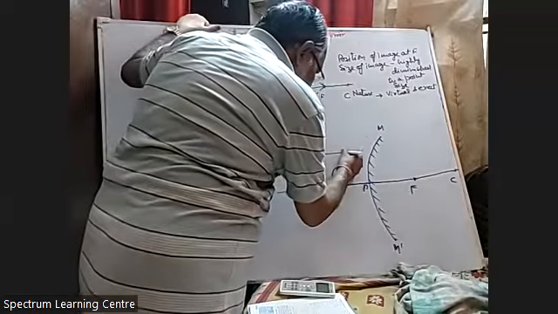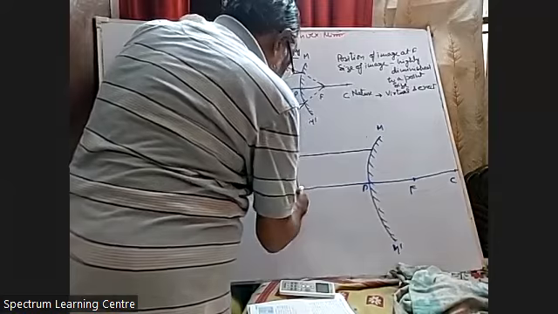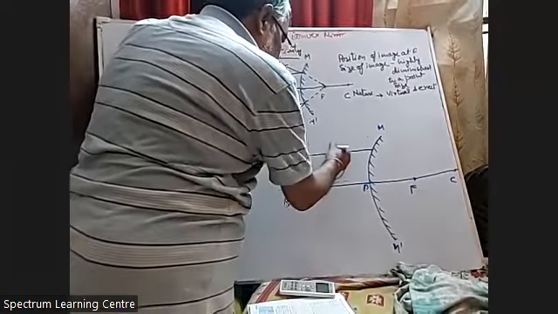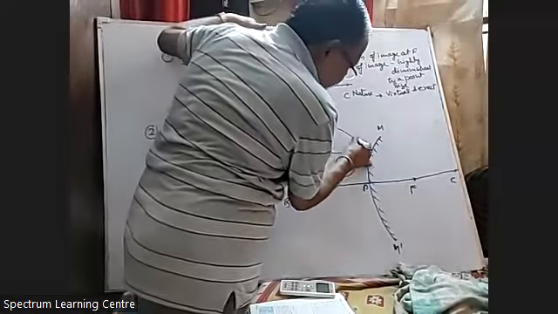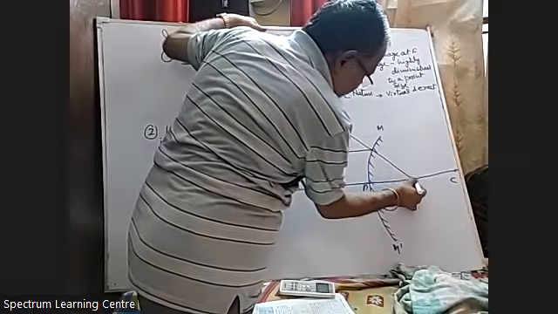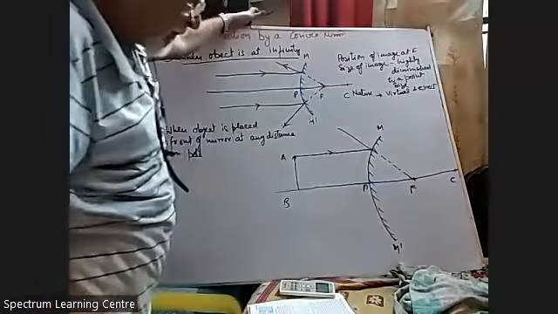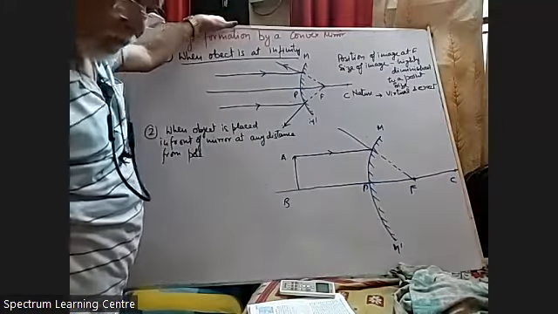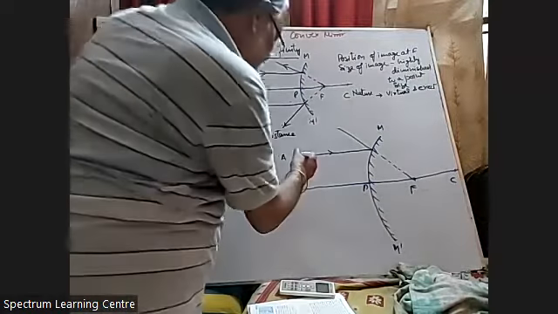So a ray will go parallel. Object is AB. A ray parallel to this will appear to diverge from focus. Is that clear? Yes, sir.